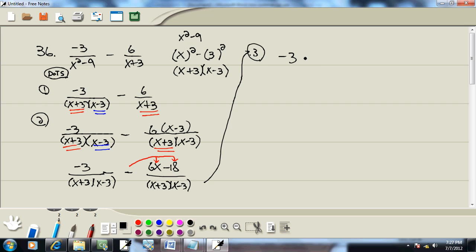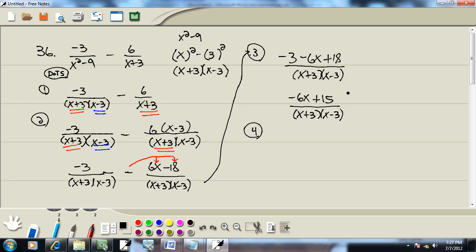So we're going to have negative 3 minus 6x plus 18 over x plus 3, x minus 3. Combine like terms, put in standard form. Negative 6x, negative 3 plus 18 gives us positive 15 over x plus 3, x minus 3.